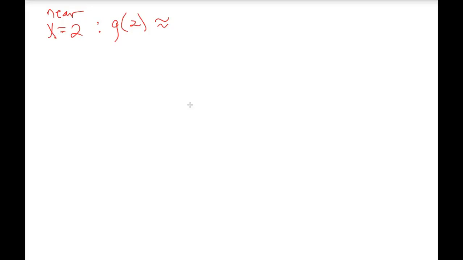Okay, so here we're going to plug in a 2 in the numerator, and we will not plug in a 2 into the x minus 2 factor there, but we will plug in a 2 into the x plus 1 factor in the denominator.